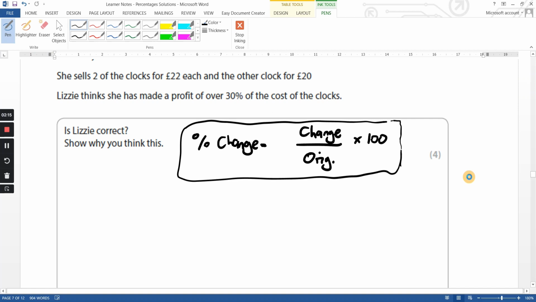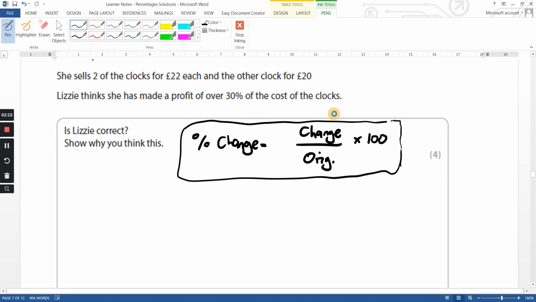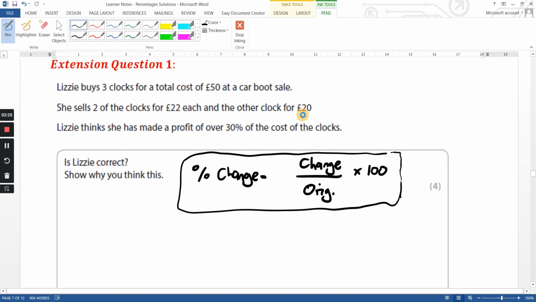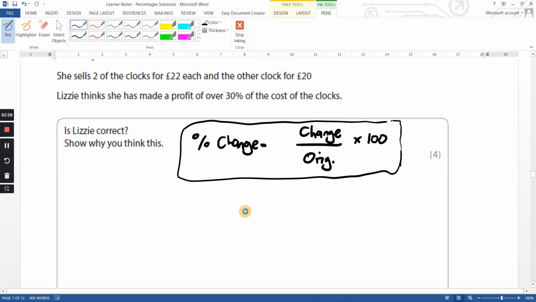So if she buys the 3 clocks for £50 in total, she sells 2 of them for £22 each and the other one for £20. So how much has she sold them all together? This is without the calculator, by the way. So she bought them for, how much was it? £50 altogether.